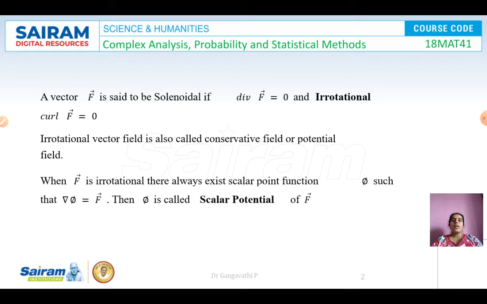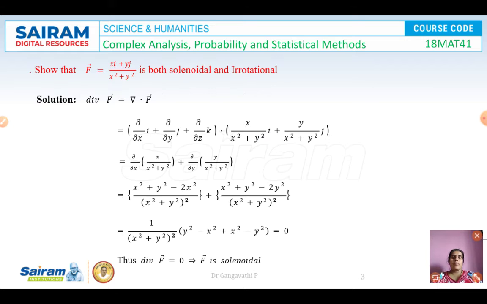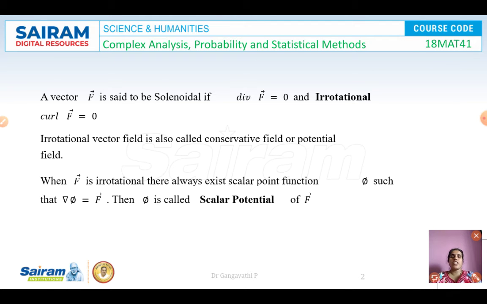So remember, any vector f is said to be a solenoidal vector if divergence of that vector becomes 0, and any vector f is said to be an irrotational vector if the curl of that particular vector is equal to 0.